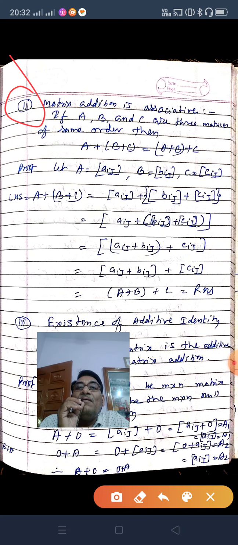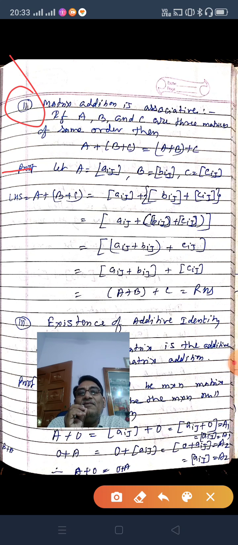Second law, matrix addition is also associative. If A, B and C are three matrices of the same order, then (A plus B) plus C is equal to A plus (B plus C). Its proof is this. Let A be Aij, B be Bij, and C be Cij. The left hand side is A plus (B plus C).